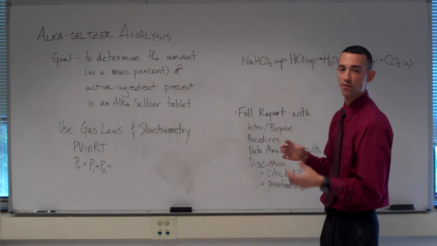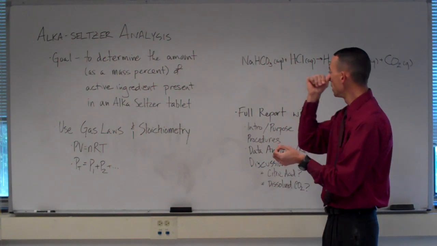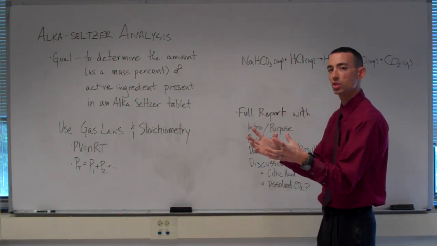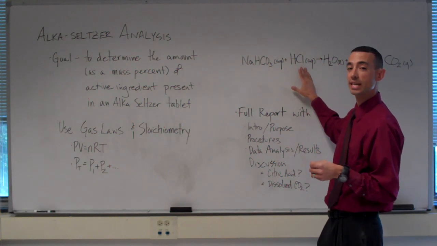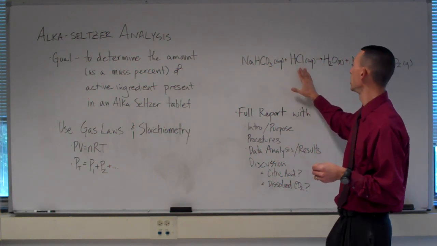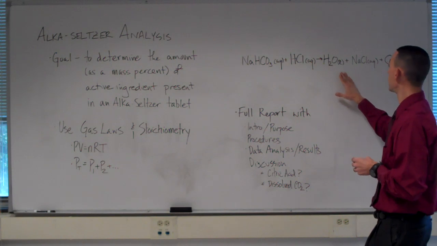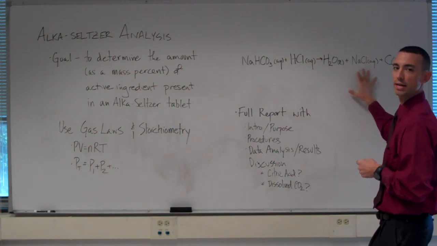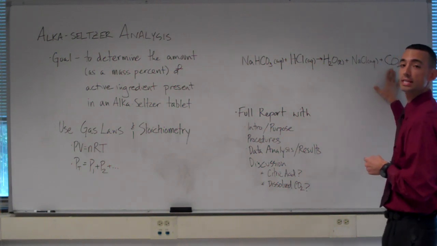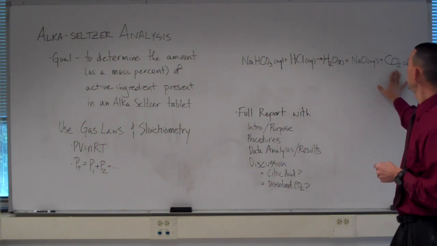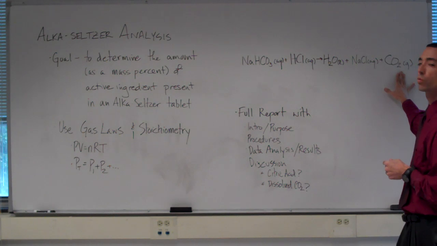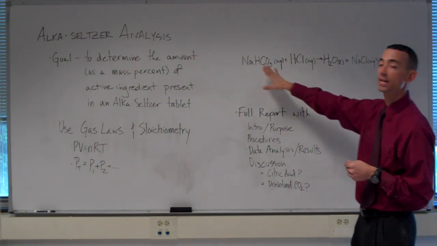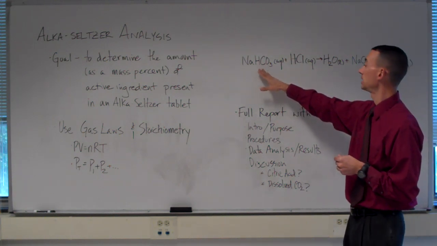But in the aqueous form, once they're dissolved into water, they're free to move around the solution. And when they bump into or interact with HCl molecules, also in solution, we get a reaction that produces water, salt, sodium chloride, and carbon dioxide gas. And it's that feature, the production of carbon dioxide gas, that's going to allow us to work backwards to determine how much sodium bicarbonate is produced.